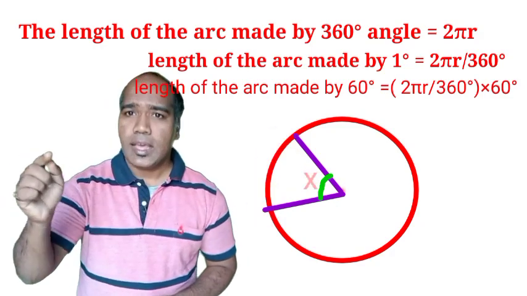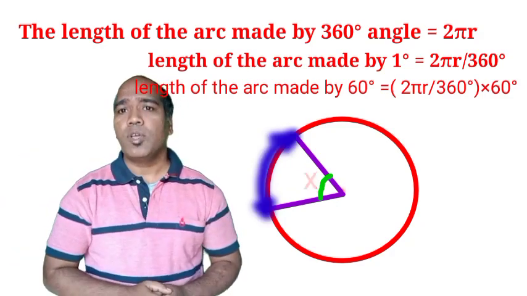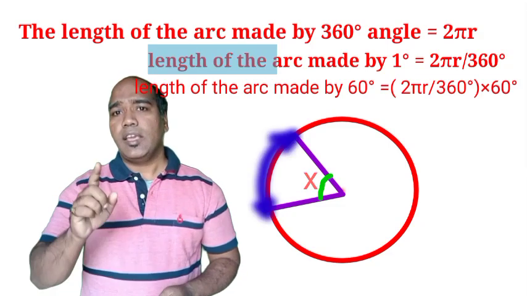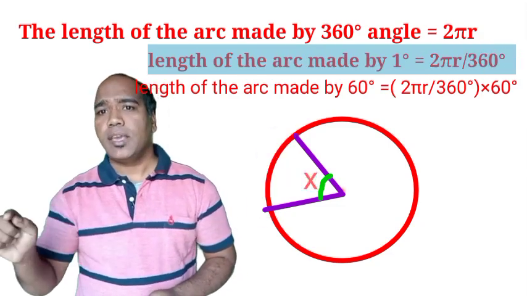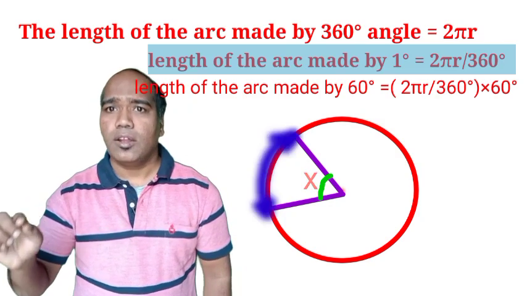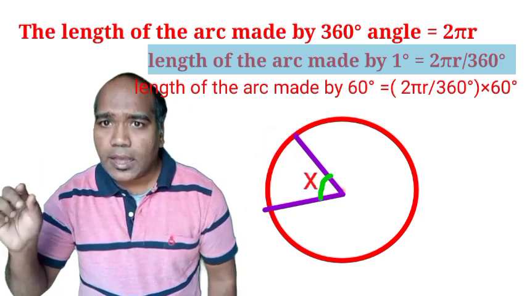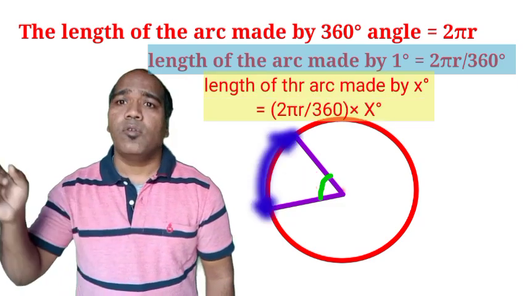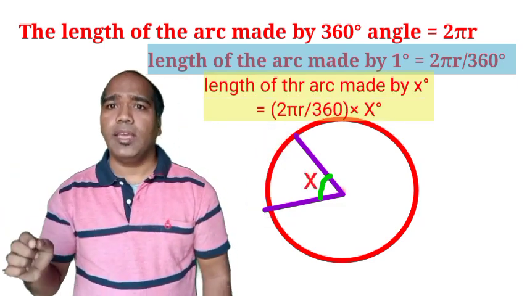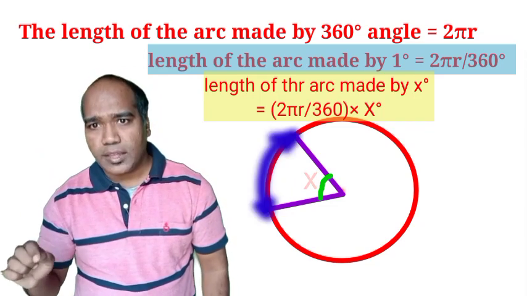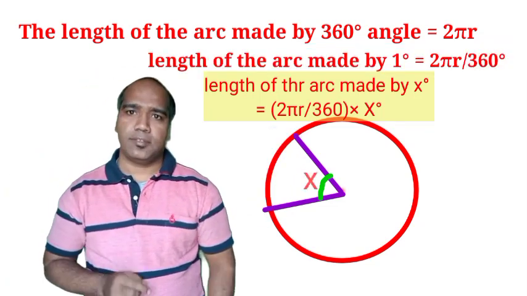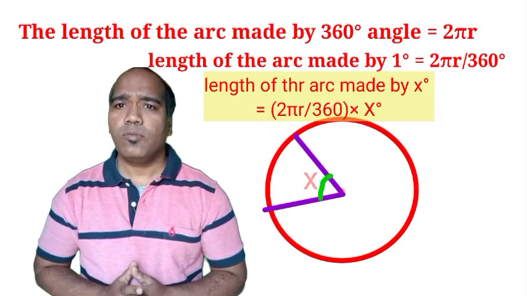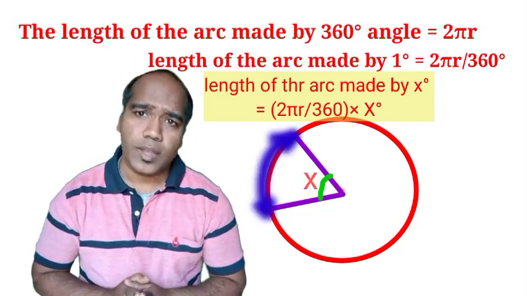Using the unitary method, if 1 degree makes the length of the arc 2 pi r by 360, then an x degree angle will make 2 pi r by 360 into x. Okay, so this is the method we can use to find the length of an arc.